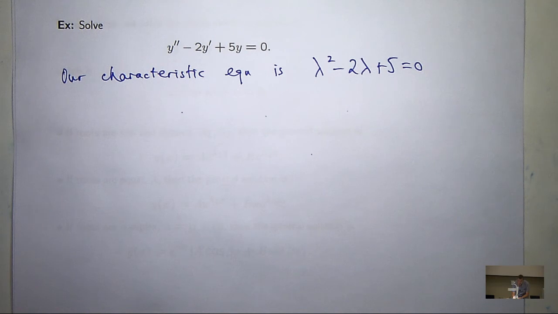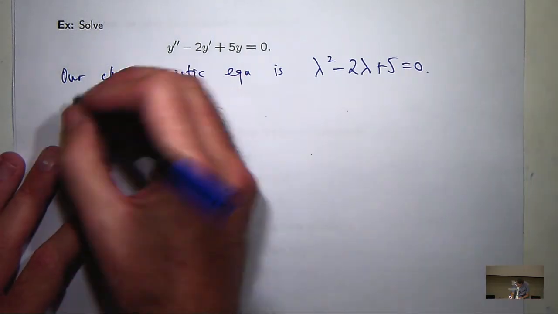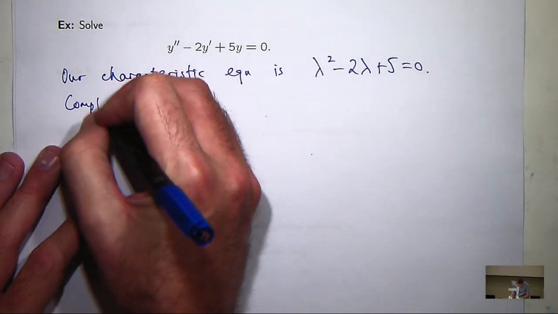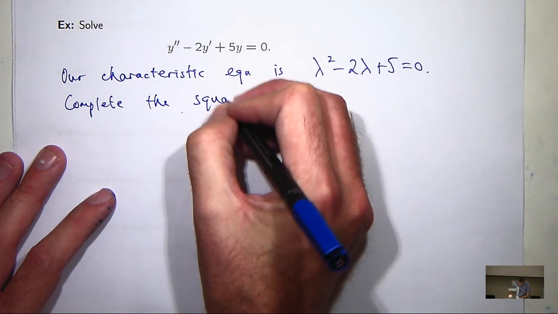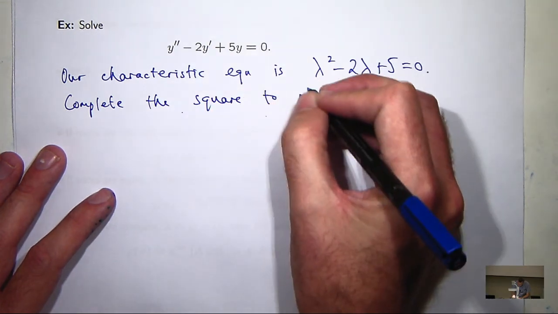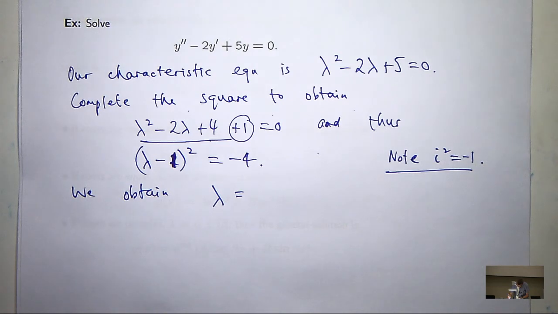So I'm actually just going to break that 5 up into 4 plus 1. I can take the positive and negative square root of both sides, right? So I'll get 1 plus or minus 2i.